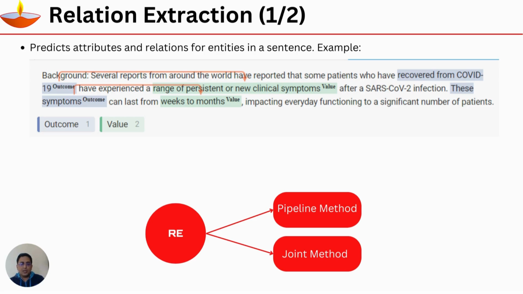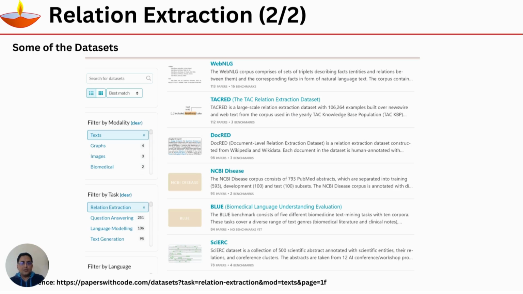The one that I talked about in the previous slide, RIFRE, is essentially a joint method where entities and the corresponding relations are extracted together or in a joint manner. Okay, so that was about relation extraction.